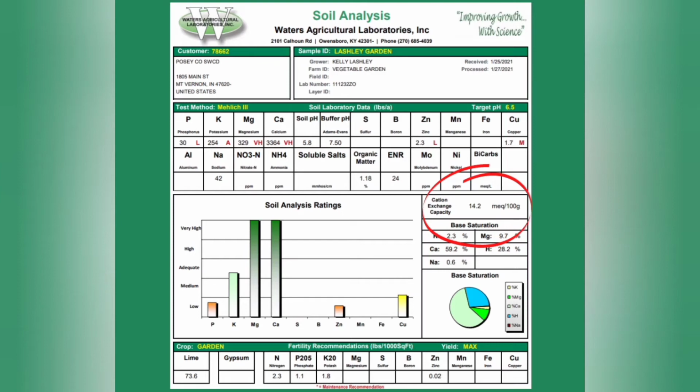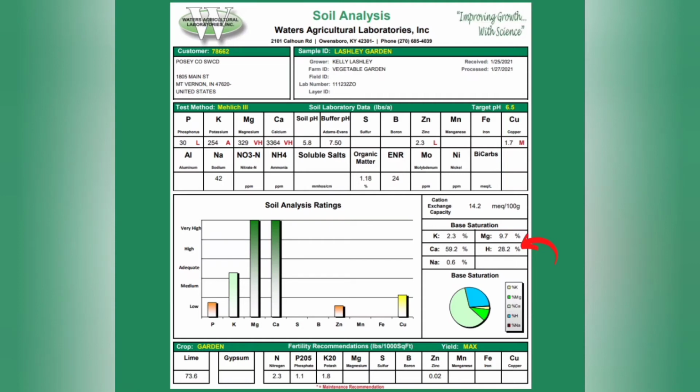So you will notice underneath the base saturation that the H, hydrogen, is very high. And that is because our soil pH is very low. So that means we have more hydrogen in the soil. So the more that we increase our pH, the less the hydrogen percentage will be. And then that will increase our available nutrients, the potassium, magnesium, calcium, and sodium levels.